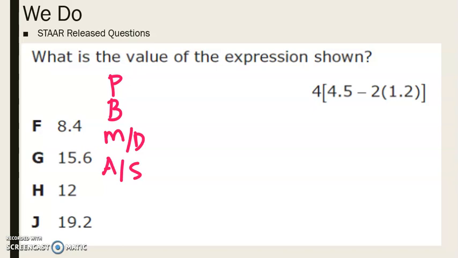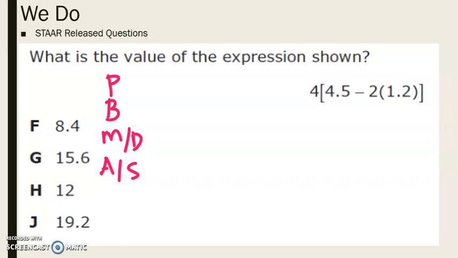In this case, do we see parentheses? Yes. Or brackets? Yes, we see here 4 and 5/10 minus 2 and 1 and 2/10. First thing we're going to do is solve this problem in the brackets first.